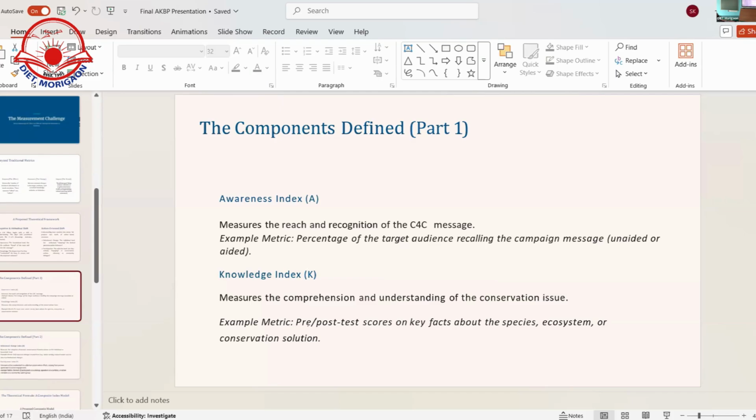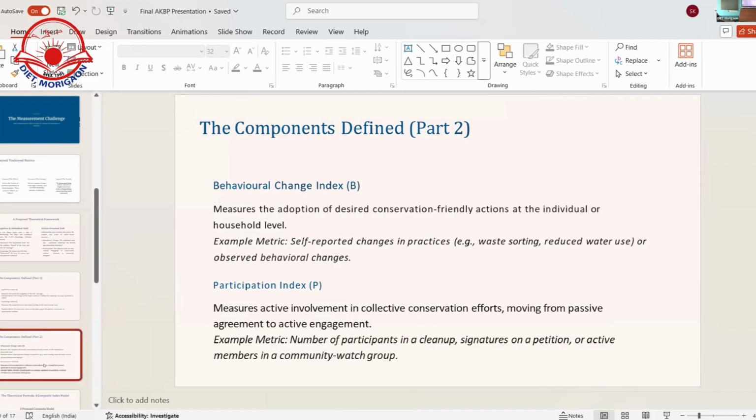If we conduct a pre or post test, the scores received in the pre or post test on key facts about the species, ecosystems, or conservation solutions can be termed as the knowledge index, that is K.